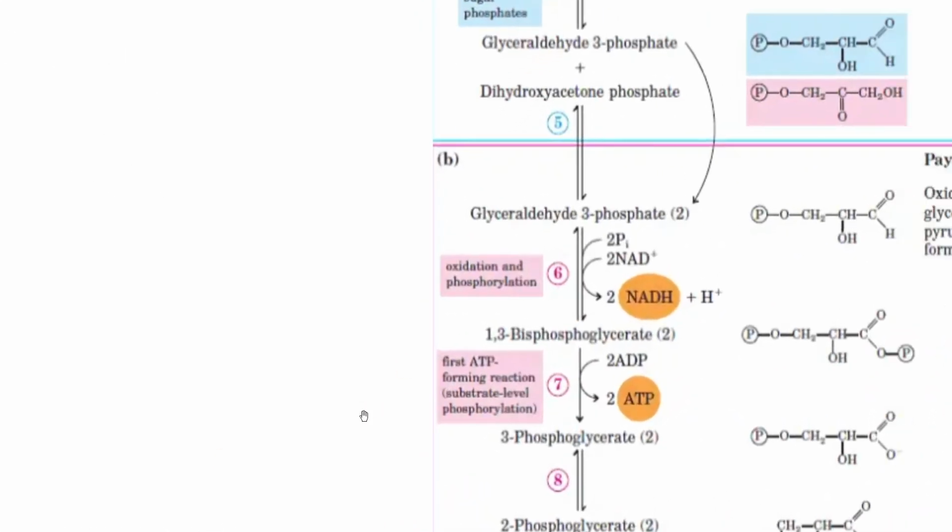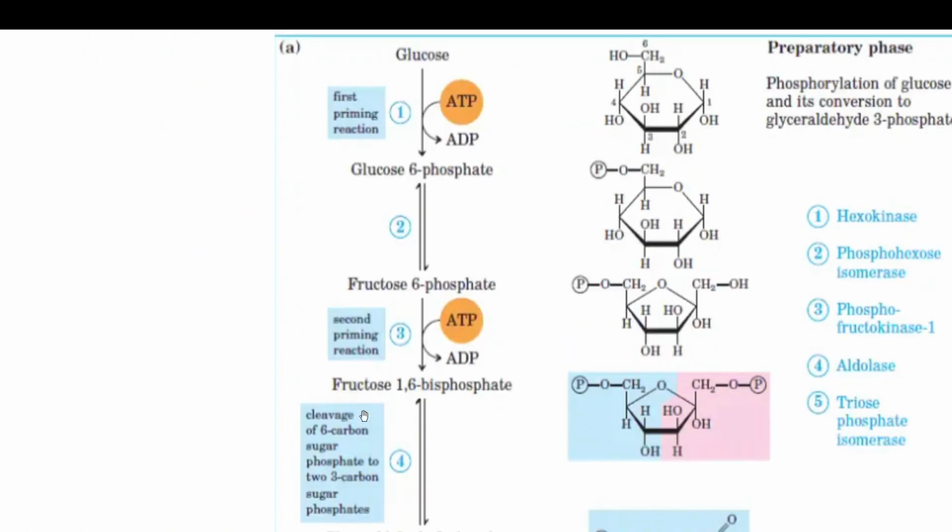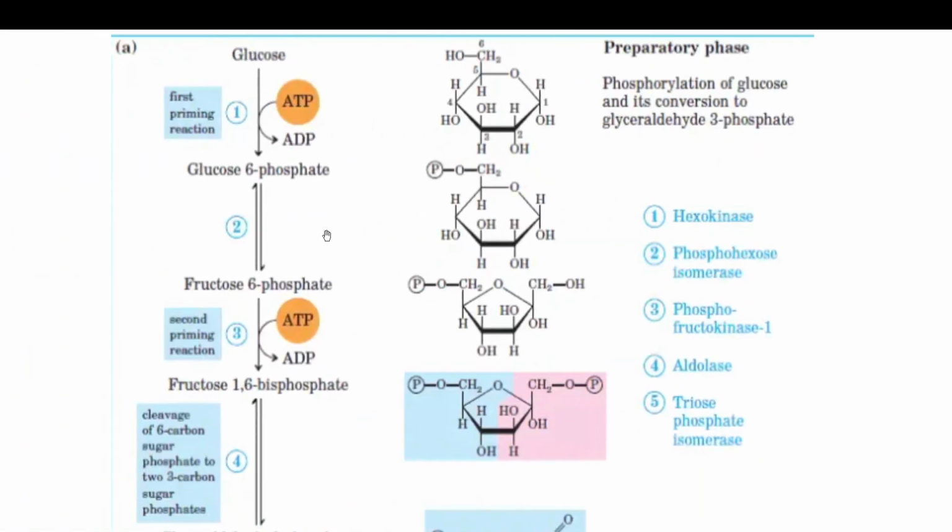So in the preparatory phase, you have this 6 carbon molecule glucose, which uses ATP to phosphorylate one of its residues. The sixth carbon becomes phosphorylated, giving rise to glucose 6 phosphate, and utilizes one ATP molecule.